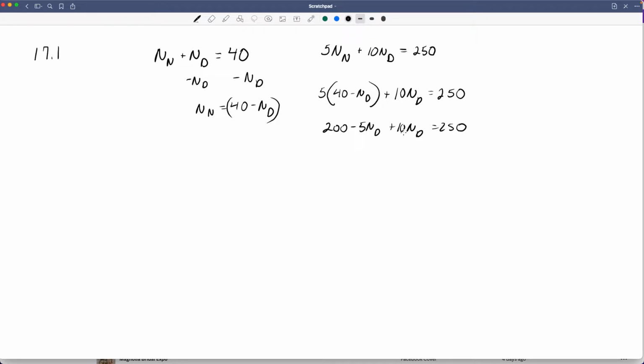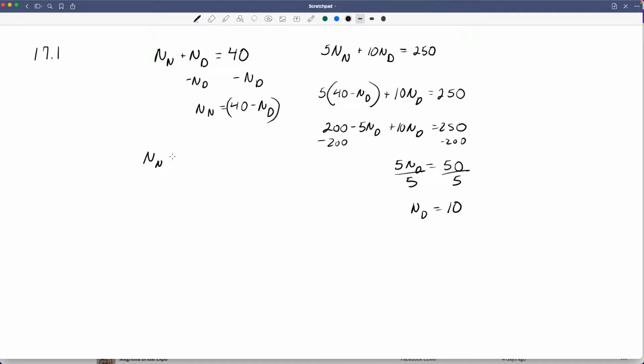So if I combine these two, I get 5 times the number of dimes, and if I subtract 200 from both sides, then I get 5 times the number of dimes is 50. So if I divide both sides by 5, the number of dimes is equal to 10. So now I can use that to substitute back into here.